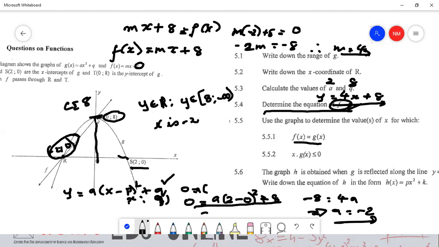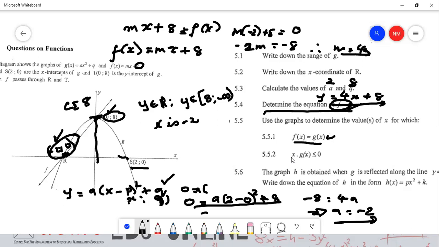They are equal at this point and also at this point, where they cross each other. So the values of x we know are going to be 0 and negative 2. So it becomes easy for our learners.